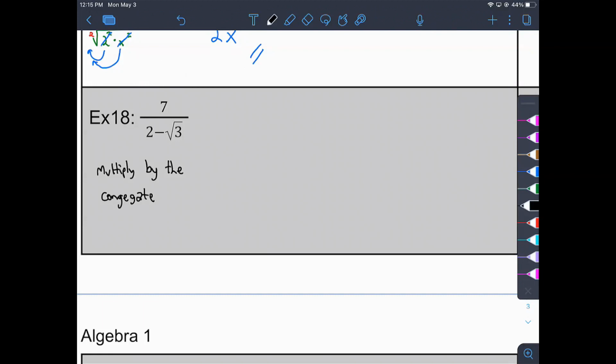Conjugate. Which simply means this. We're going to multiply by, it's still a funny version of 1, but it's a very specific one. Instead of 2 minus root 3, we will do 2 plus root 3. Basically the opposite symbol.